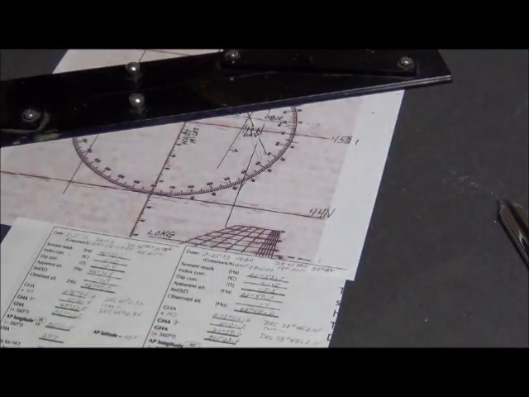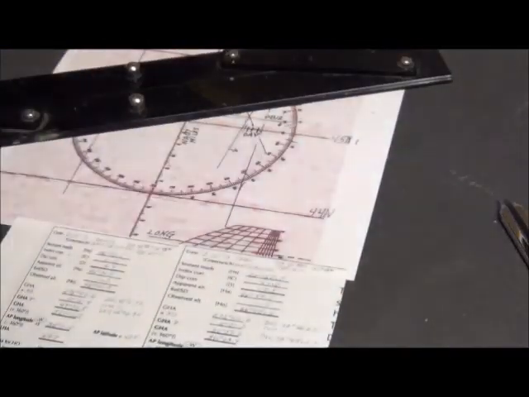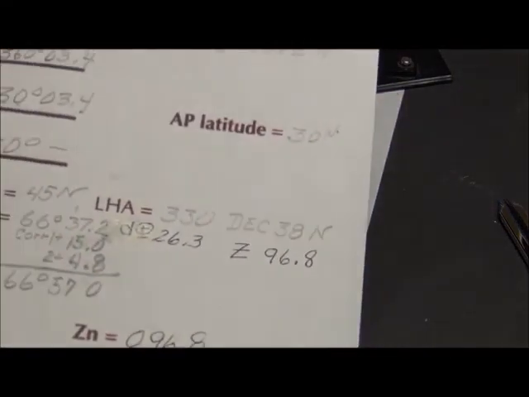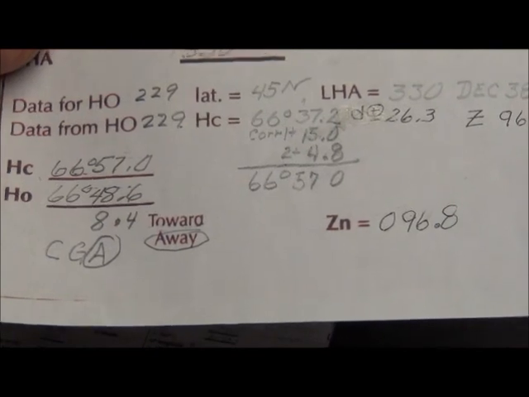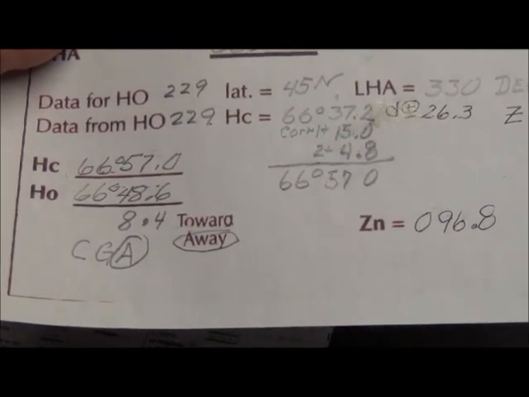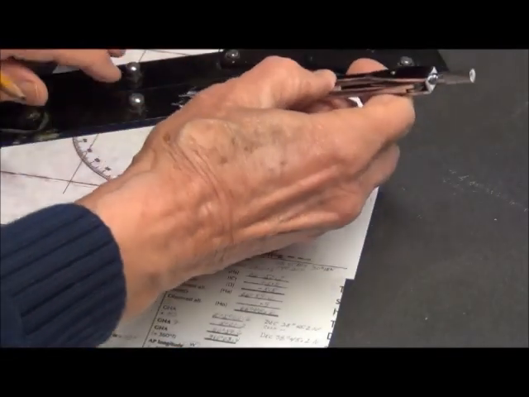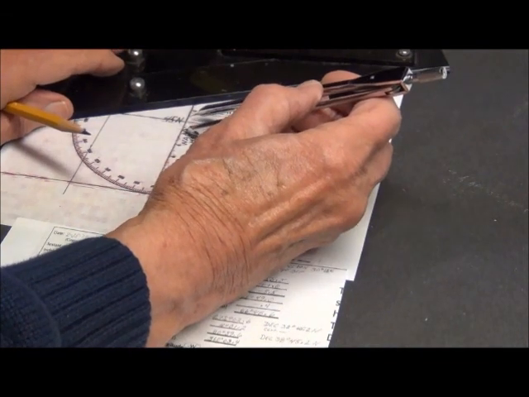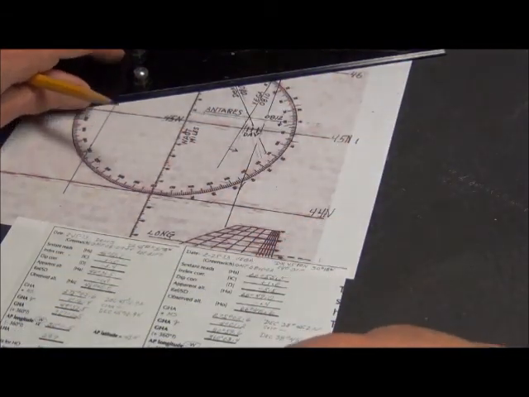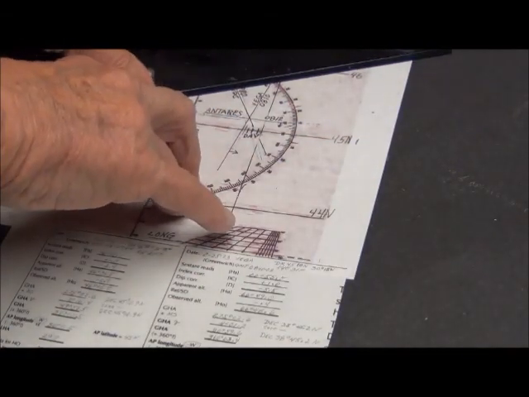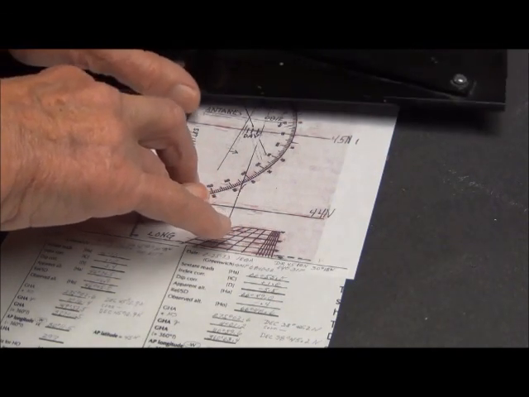The other one was Vega. Vega was Coast Guard Academy away, 8.4 from 096.8. 8.4 we measure off on this scale, and it was away from 096.8.